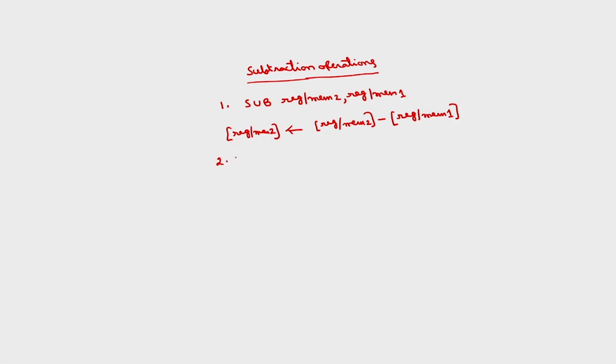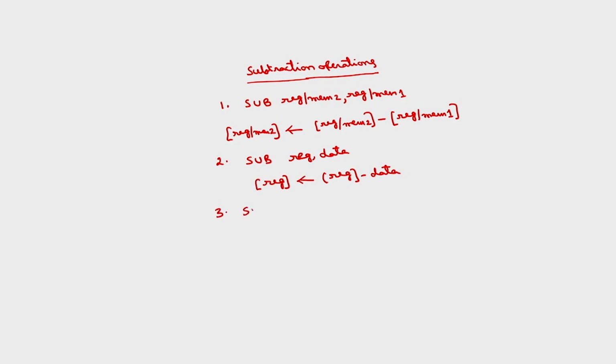Similarly, we can have SUB. I am not giving the example because they are similar to the addition instructions. We can have register comma data. So simply the data that is specified in the instruction will be subtracted from the register and the result is stored in the register.